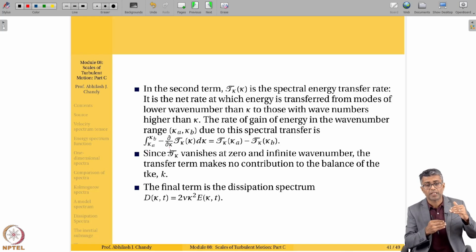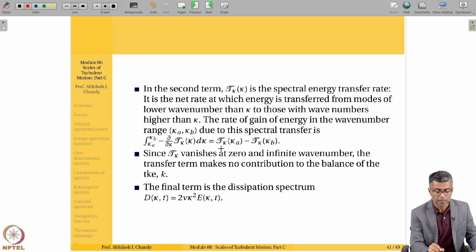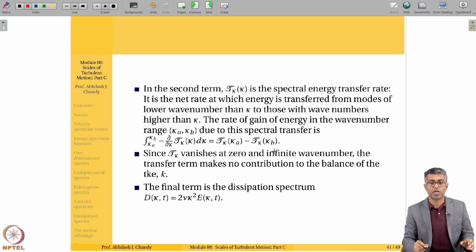Here it is only in the wave number range of kappa A to kappa B. And since you are taking an integral of a derivative, it comes out to be T kappa of kappa A minus T kappa of kappa B, so essentially the difference between the two endpoints.